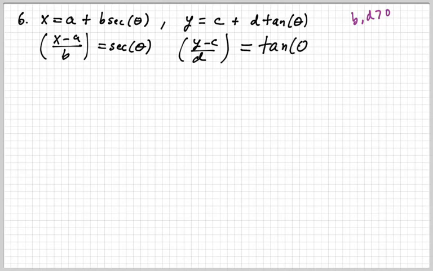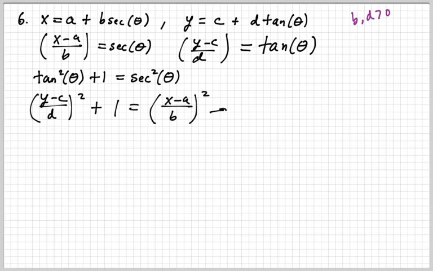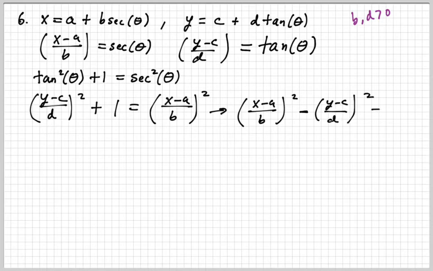We're going to use a different Pythagorean identity, which is going to be tangent squared theta plus 1 is equal to the secant squared of theta. So we have ((y minus c) over d) squared plus 1 equals ((x minus a) over b) squared. And if we rearrange that, that's going to be ((x minus a) over b) squared minus ((y minus c) over d) squared, and that's going to be equal to 1.